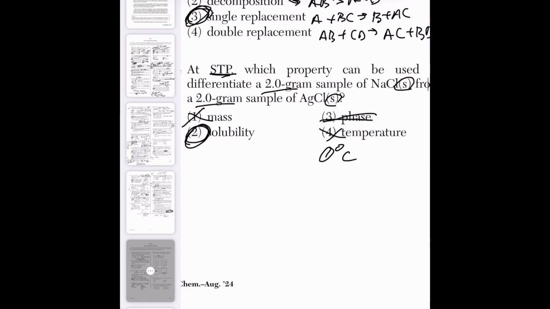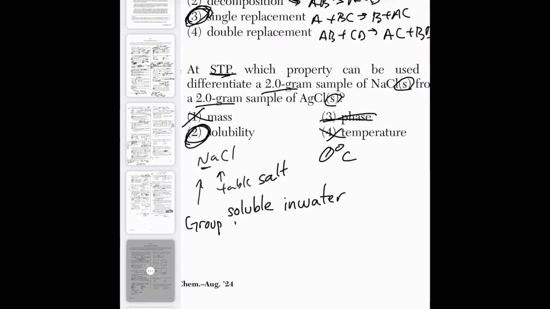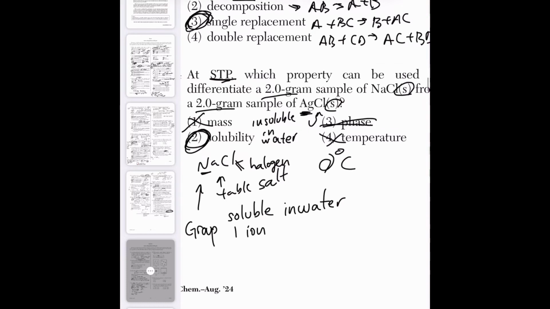It would be solubility, because NaCl, table salt, is soluble in water because Na, group 1 ions, are all pretty soluble, and according to halogen also soluble, but Ag is the exception. If Ag is paired with Cl, it becomes insoluble in water. So you would see precipitates form when you try to dissolve silver chloride in water.